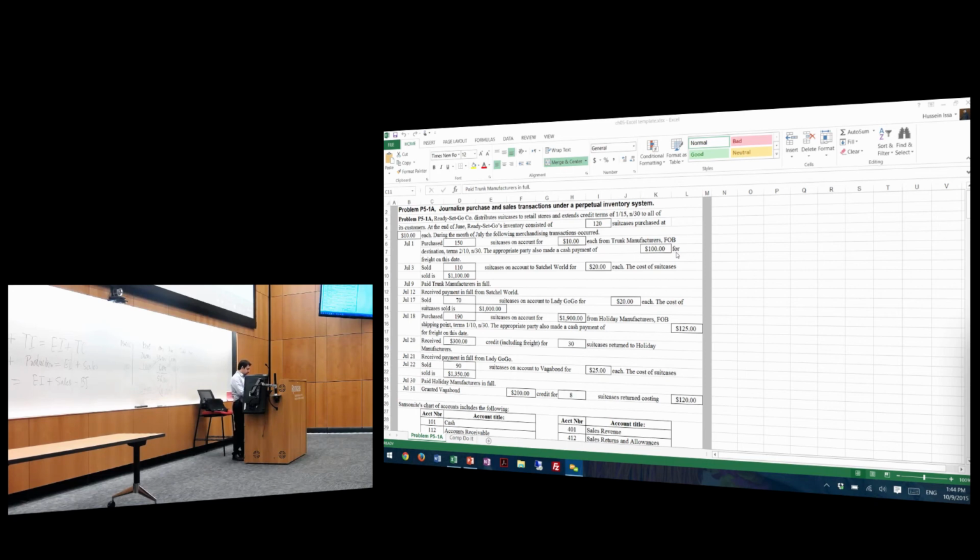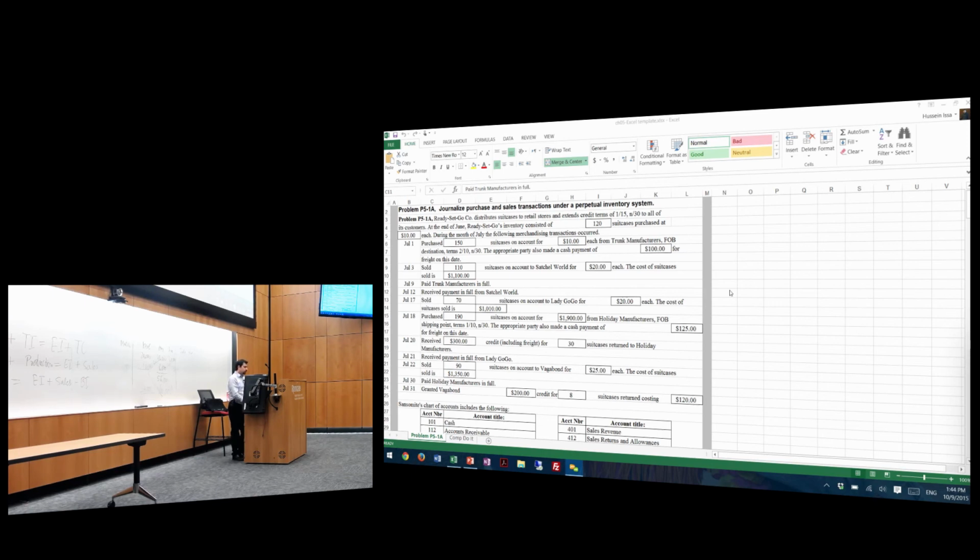So for example, this company distributes suitcases to retail stores, and they extend credit terms of 1/15, net 30 to all of its customers. So any sale that we will see today on this Excel file will have those terms, okay?